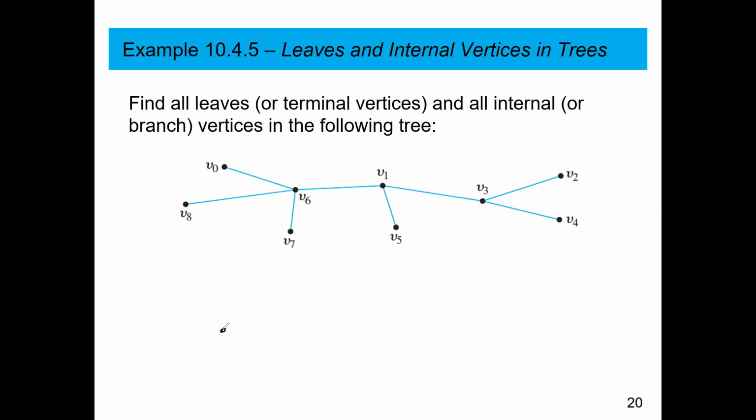And the reason for that is I could draw this with V8 right here, V6, and I could draw this as a straight line with V1, V3, and V4. And if I draw this path in a perfectly straight line, notice that all of the other vertices come off of this path.